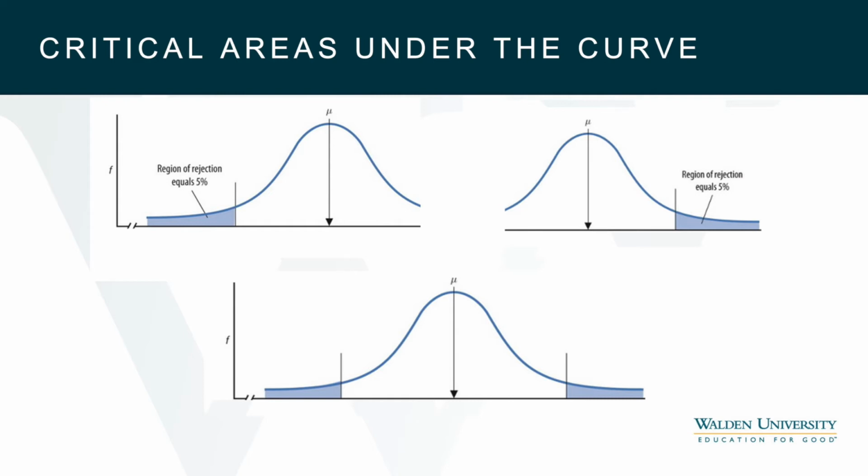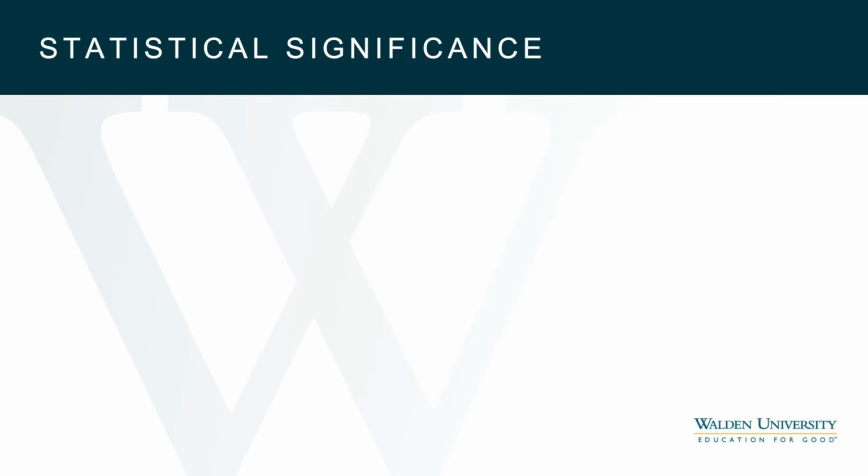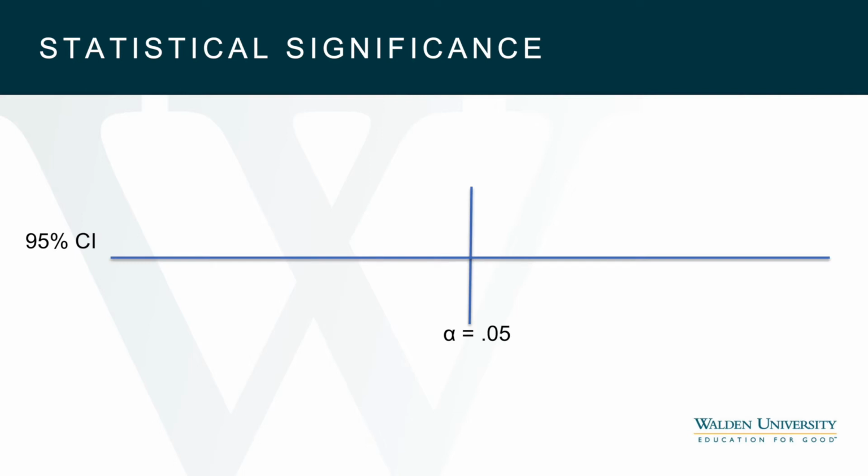This relates directly to those p-values, and if I would graph them out on a line, it would look something like this. I have a 95% confidence interval that results in a 5% leftover. That's my alpha level. This is not a graph, but merely a line. I'm going to place that on my line.